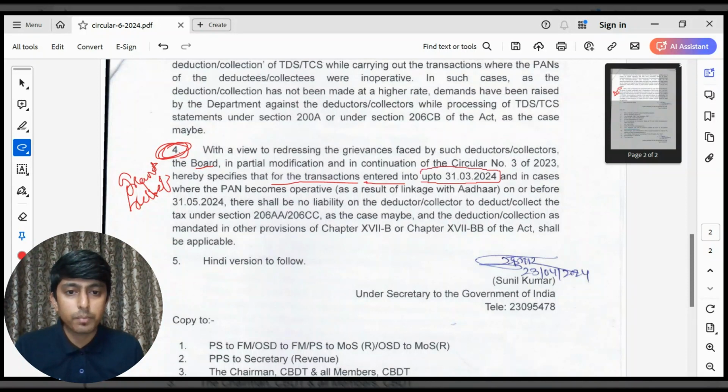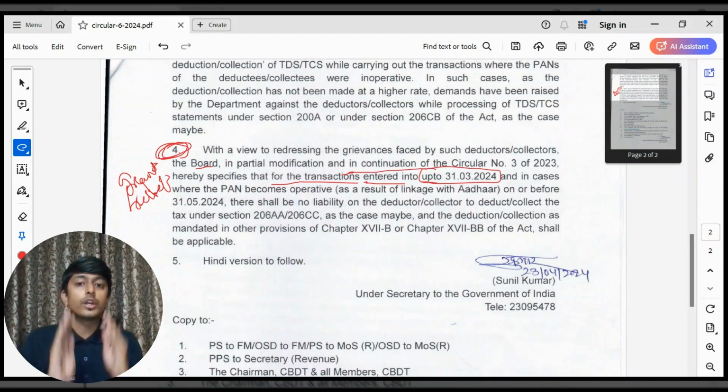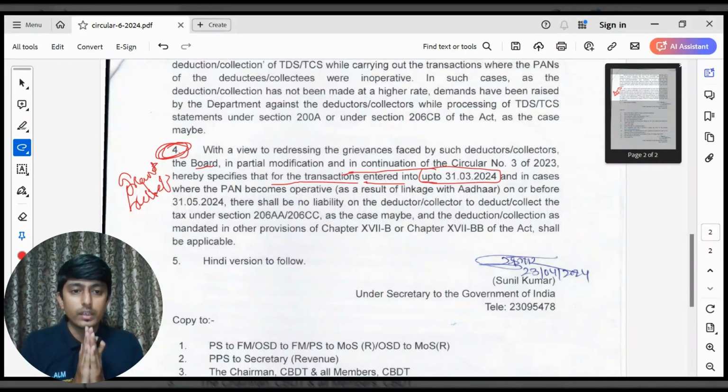This is what you have to pay attention to. The relief is given only for those transactions that have been entered into up to 31st March 2024 only.